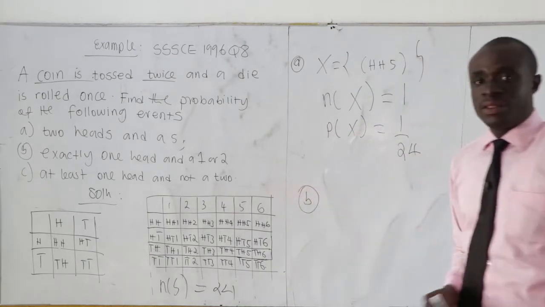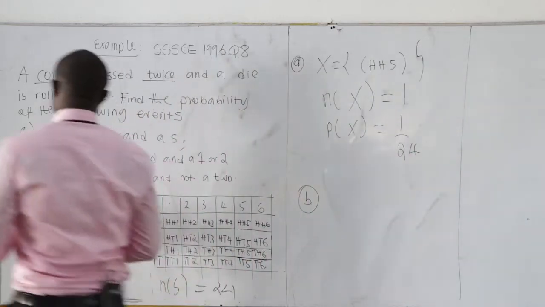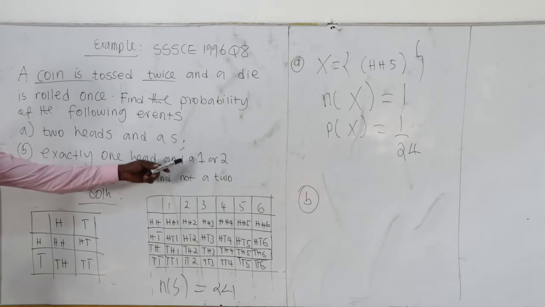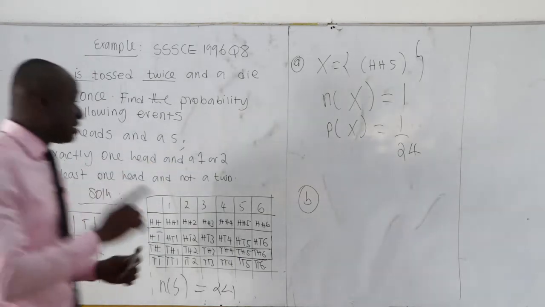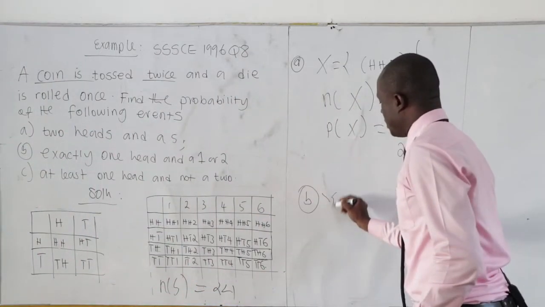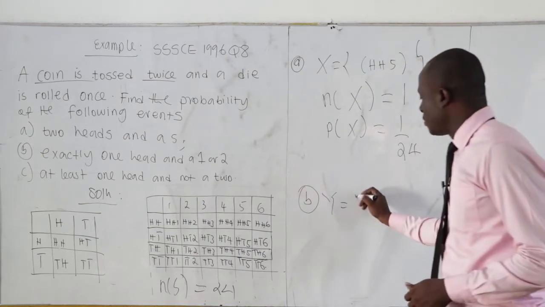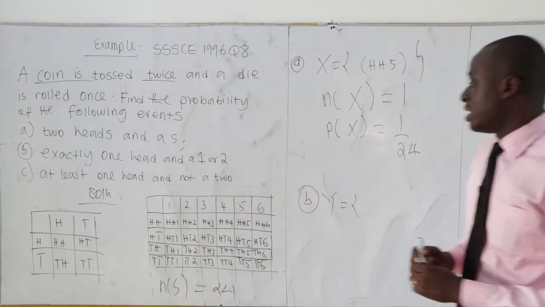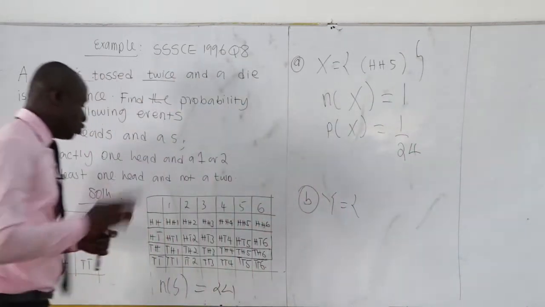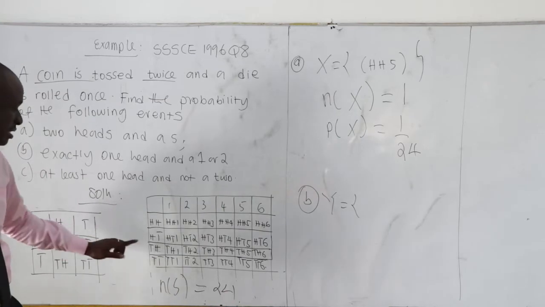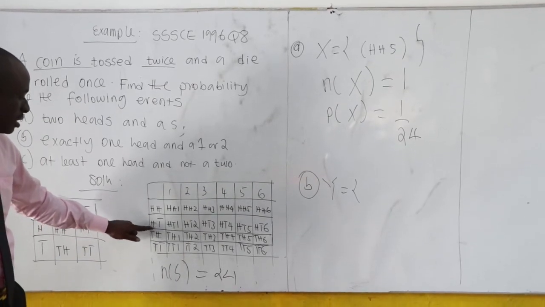Now, let's see the second one. It says exactly 1 head and a 1 or 2. Let's suppose that the event is Y. Exactly one head, so the head should be just one. This is not part because we have two heads. So it can either be this or that.